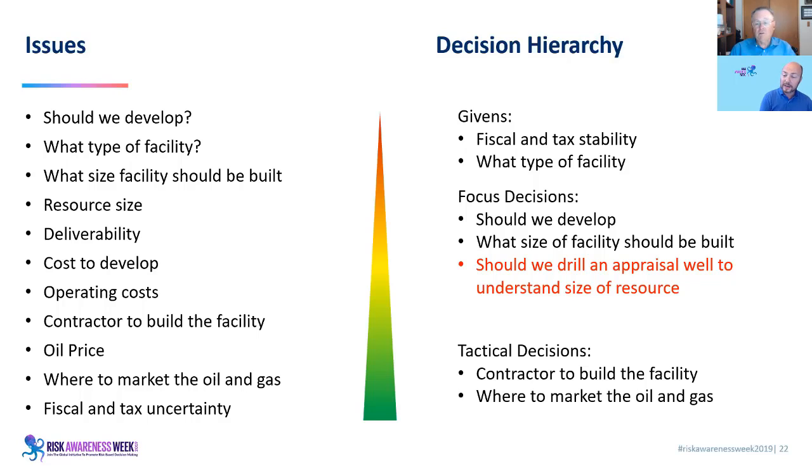Yeah. We also need to consider the cost of the appraisal well and maybe deferral of the project and all those sorts of things. And just as we did in all the previous sessions, I want to point out that the value of information as a concept is hugely important. Because most of the time, what decision makers are discovering is that they want to make the decision, but uncertainty is very, very high.